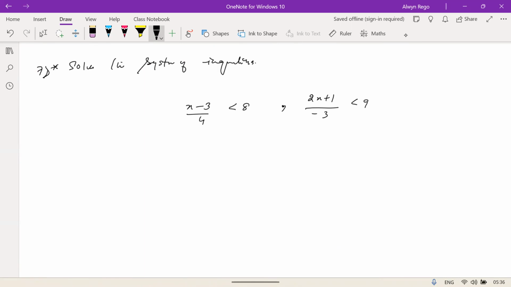I can't really merge them because they are different ones. So I need to find out the value of x which will satisfy both the inequalities here. So I'll take up one by one and see what's in store.